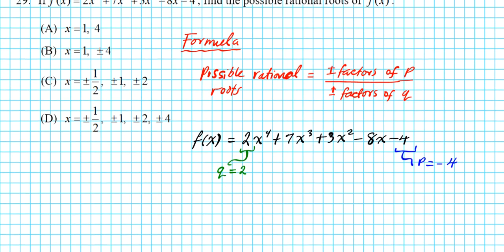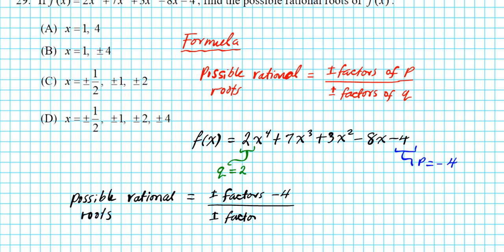So our possible rational roots, according to the formula, are going to be the positive and negative factors of p, which is negative 4, divided by the positive and negative factors of 2.